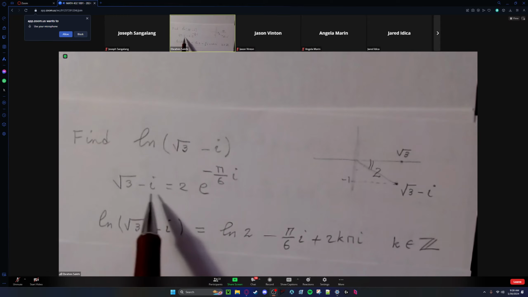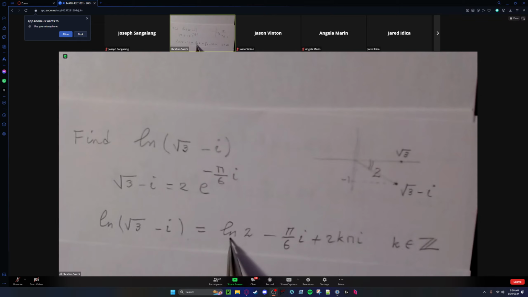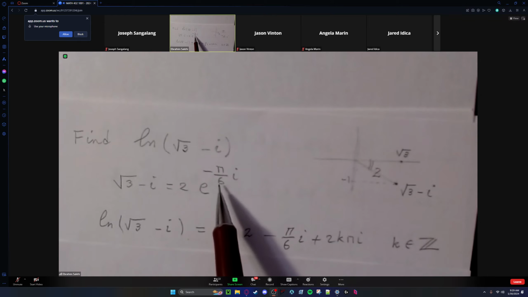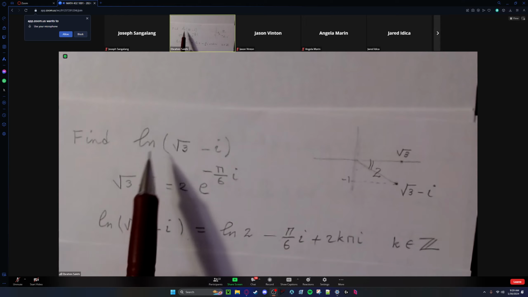As a result, the log of this guy is ln of 2, this is the principal argument, negative pi over 6 i, plus 2k pi i. Okay? This is all values of this.